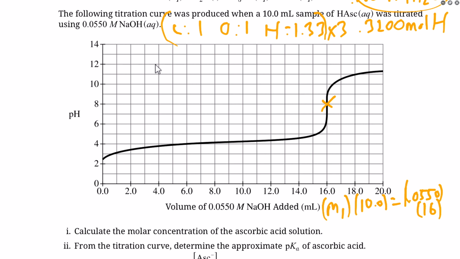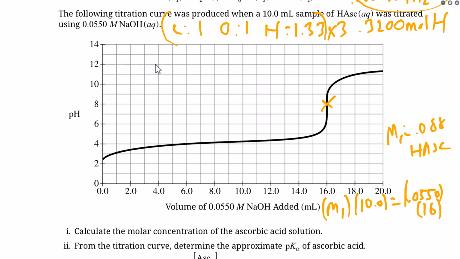If I algebraically solve for M1, I get 0.0550 times 16, divided by 10. So what I end up with is a molar concentration of 0.088 of the ascorbic acid solution. We'll abbreviate that HAsc just like it does here.